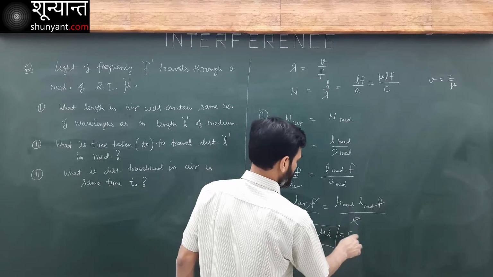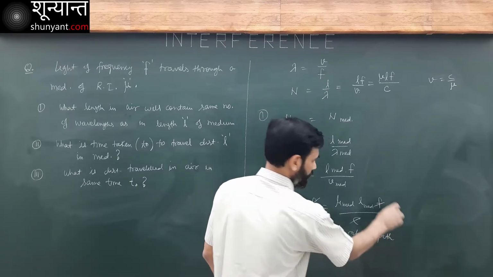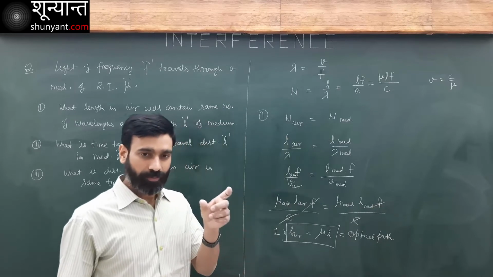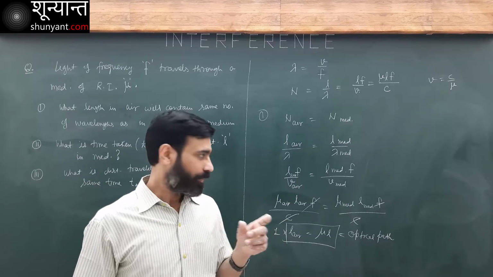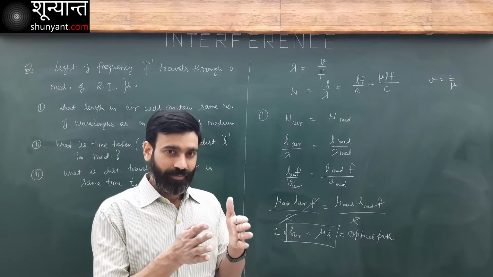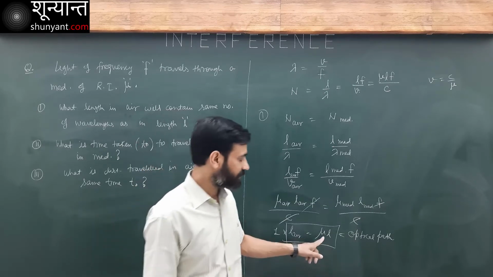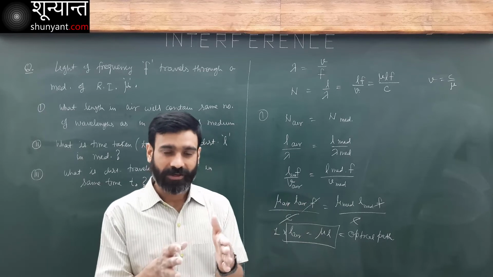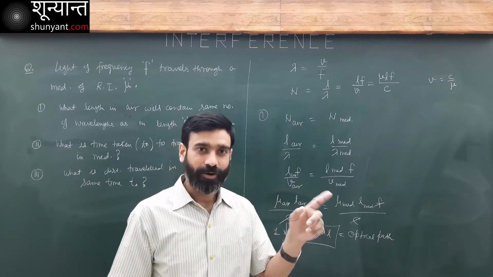This is known as optical path. So a geometrical path of L in a medium will be equivalent to an optical path of mu L. A geometrical path of L in a medium of refractive index mu will be equivalent to a geometrical path of mu L in air or vacuum.